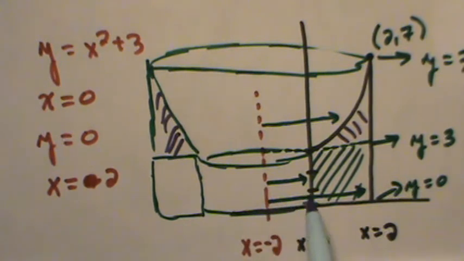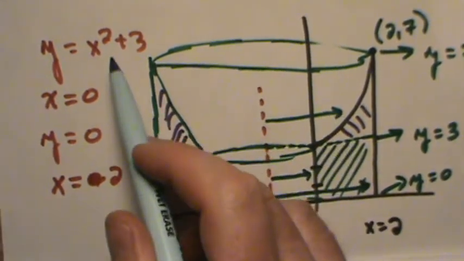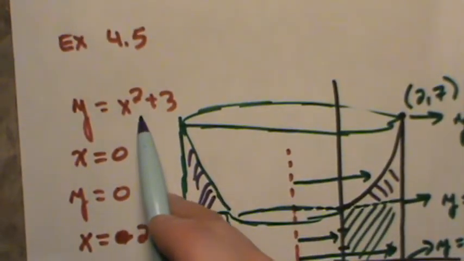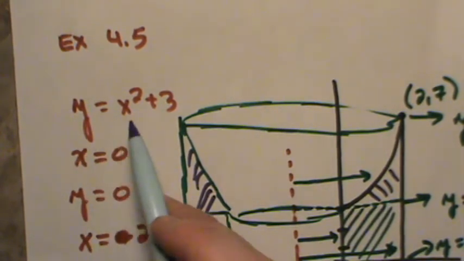It's 4 units long, because it's the 2 minus negative 2. So I'm going to say 4 squared minus, now my smaller distance is going to be this function that I never solved for y. I'm going to have to solve that in terms of y, so solve for x.